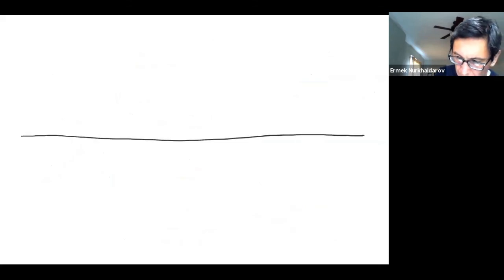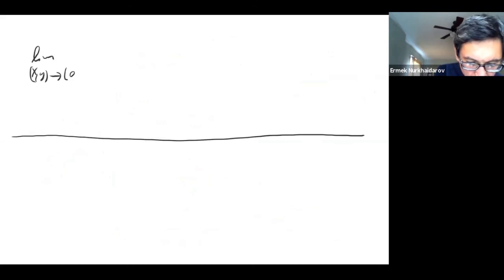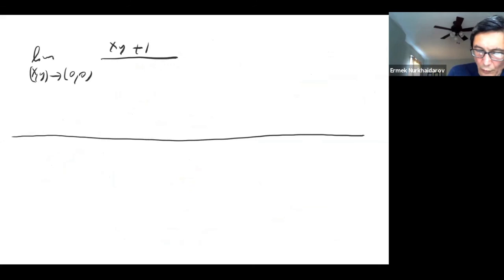So two limits for you to give a try. Limit as x, y approaching 0, 0 of xy plus 1 over x squared plus y squared plus 1. That's the first one.